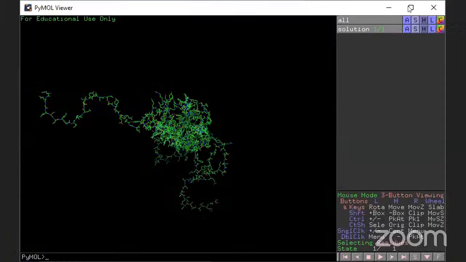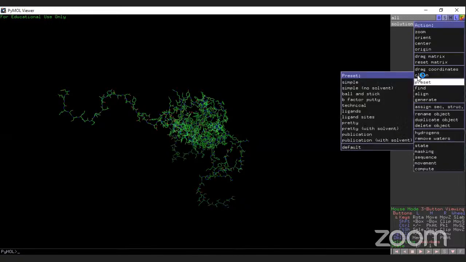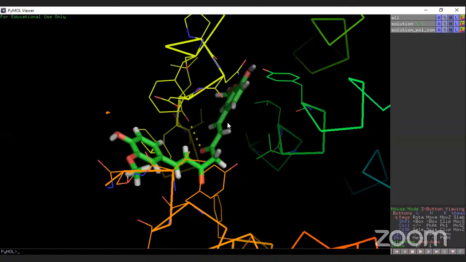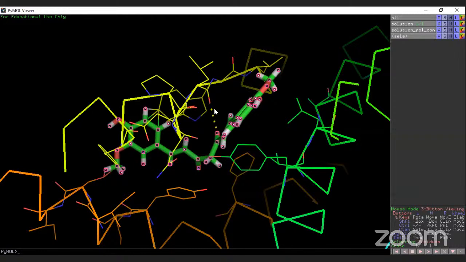I hope everybody can see this PyMOL viewer. Now you can see this is the protein-ligand complex. How can you distinguish it? You can see that this is the ligand, and this is the interaction between the protein and the particular compound.